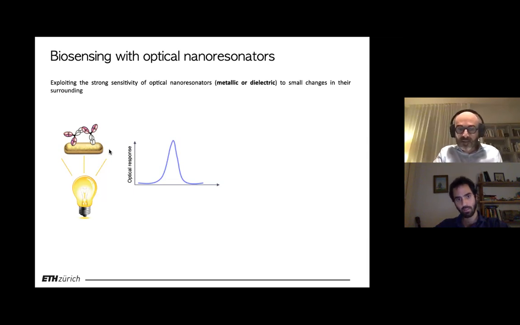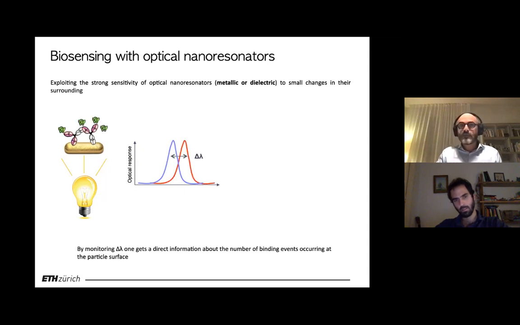So you would send light on this, you would measure the extinction spectrum. And then of course, if you expose this sensor to the blood sample or the saliva or whatever, if the analyte is present in the sample, it's going to bind specifically to the antibody. That's going to modify the environment of the sensor, and this is going to lead to a shift of the resonance.